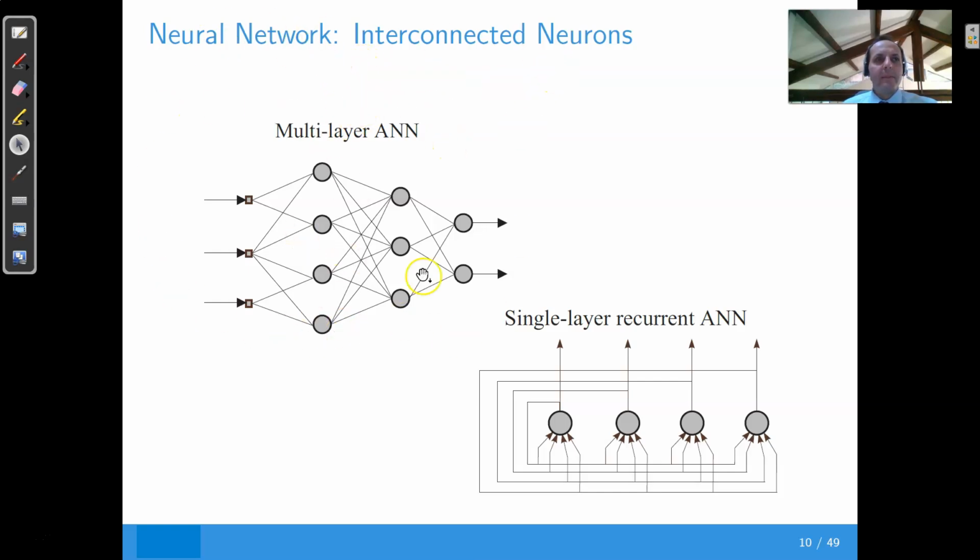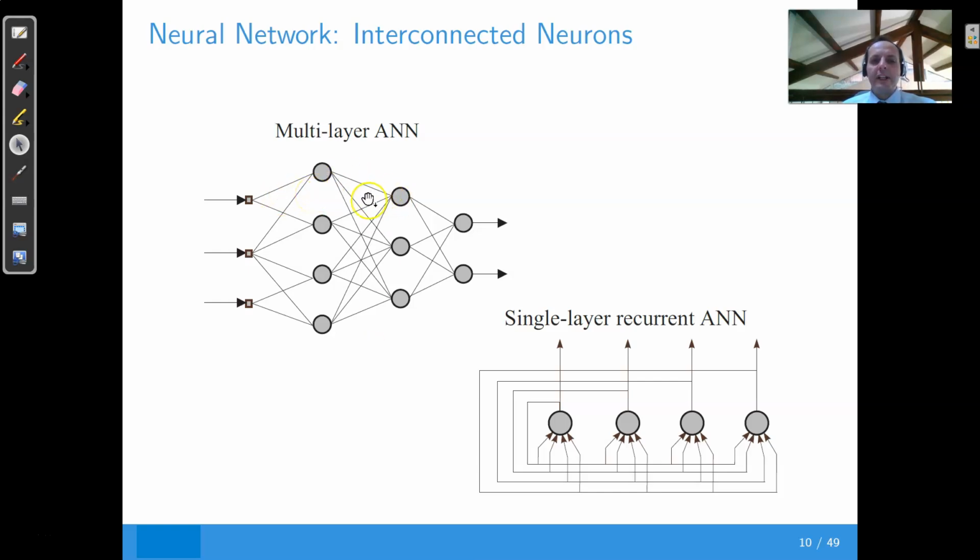In the picture here on the left, we have a multi-layer artificial neural network. As you can see, all the neurons are fully connected. It means that each neuron receives the inputs from the previous layer.